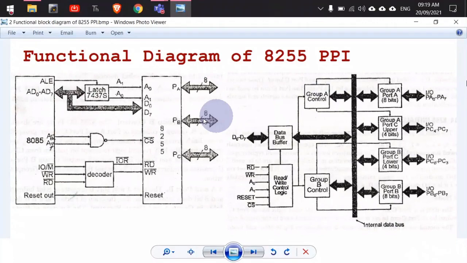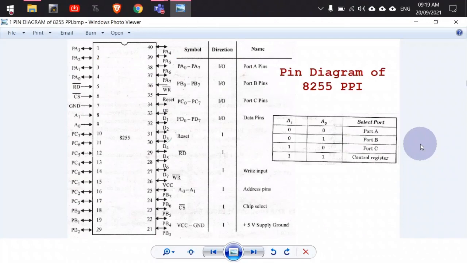Sir, I haven't got anything about group and port. Okay, so see, in the previous diagram, I have told you that there are three ports: port A, port B, and port C, right? So port A, port B, and port C, they are individually of 8 bits each. But then, if you use the terminology of group, then group means two of the ports have to be grouped.